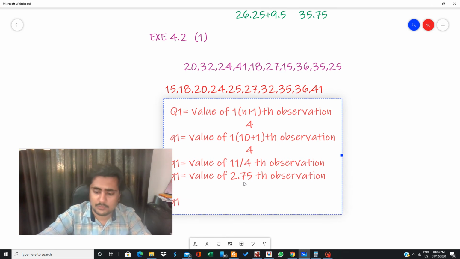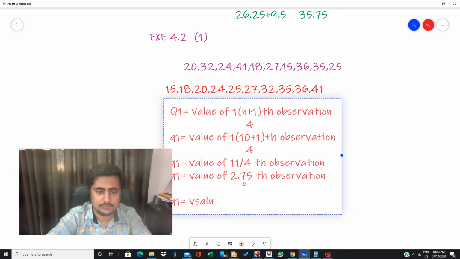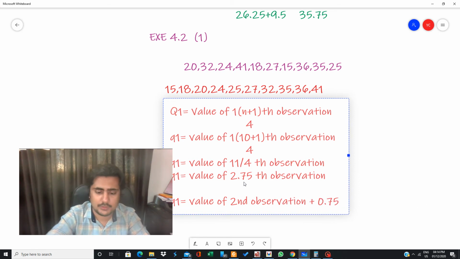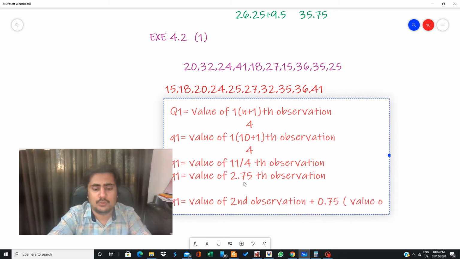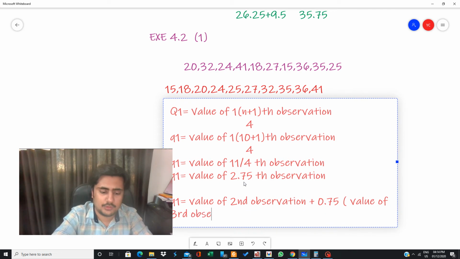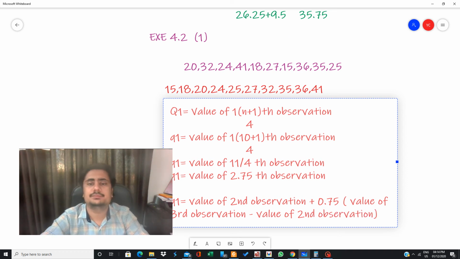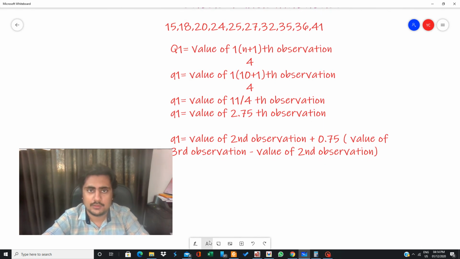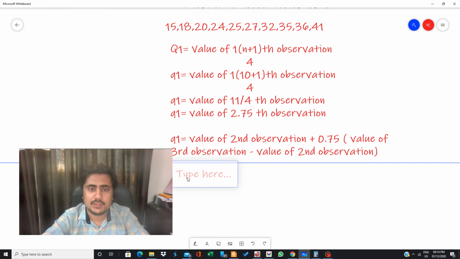Now Q1 is the value of the second observation plus 0.75 into (value of the third observation minus value of the second). This is the way you have to find Q1. What is the value of the second observation?